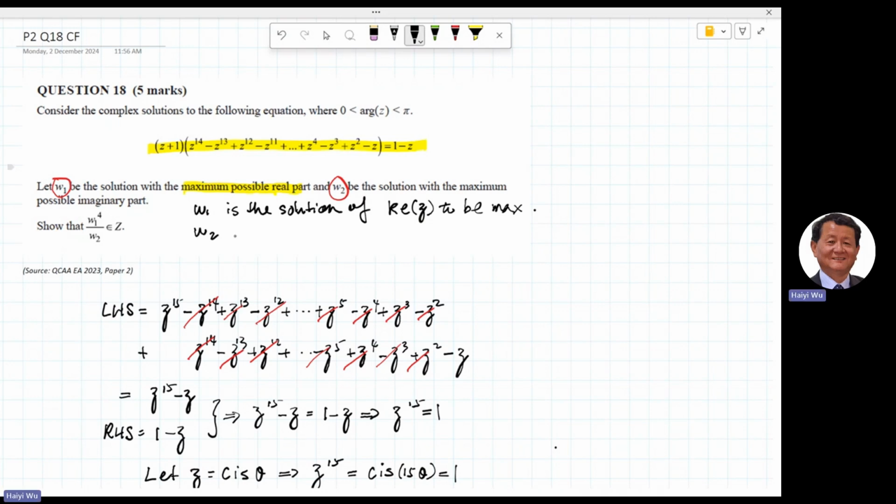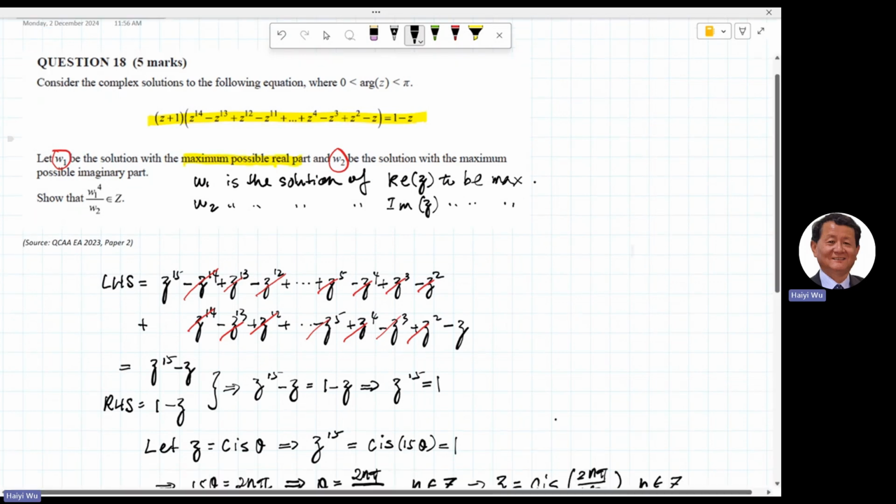And W2 is the solution for the imaginary component of Z to be maximum. So we have two new complex numbers. Now we need a proof. Show means to prove that Z to the power of 4 divided by W2 belongs to the integer set. So we need to prove its division is an integer.